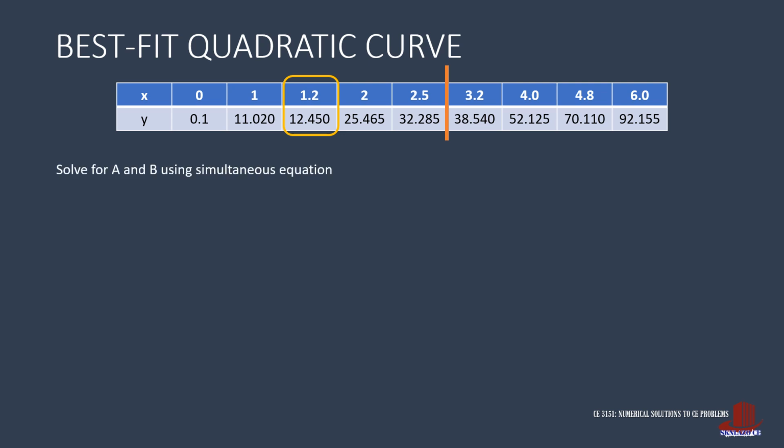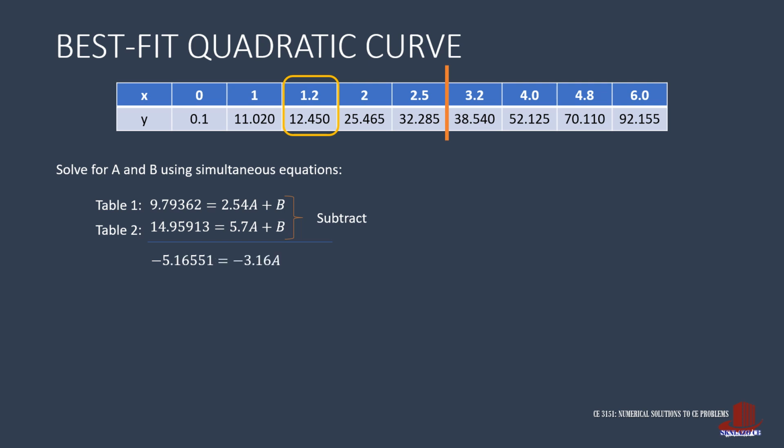The two functions from each table are then subtracted in order to have the values of a and b. The difference gives negative 5.16551 as equal to negative 3.16a. So dividing the result by negative 3.16 gives the value for a, which is 1.63465.